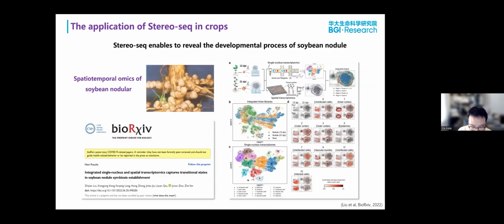There is another case. Stereo-seq has also been applied in soybean nodule. Using Stereo-seq, researchers integrated single nucleus and spatial transcriptomics and captured transitional stages in soybean nodule symbiosis establishment.